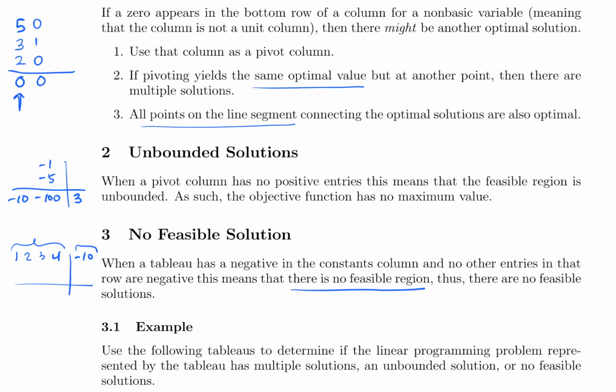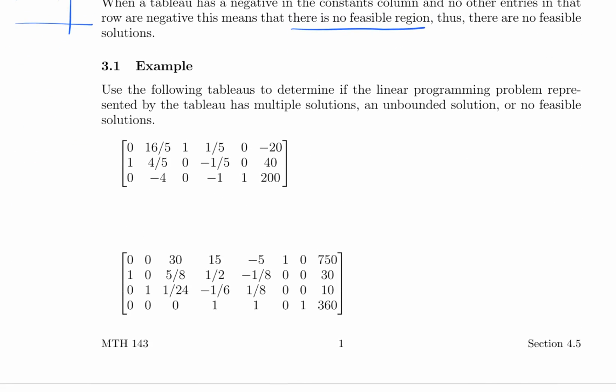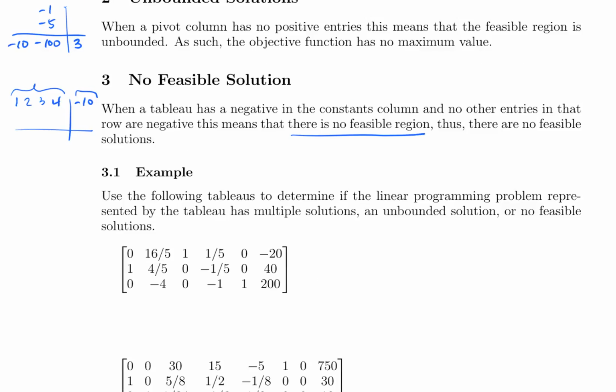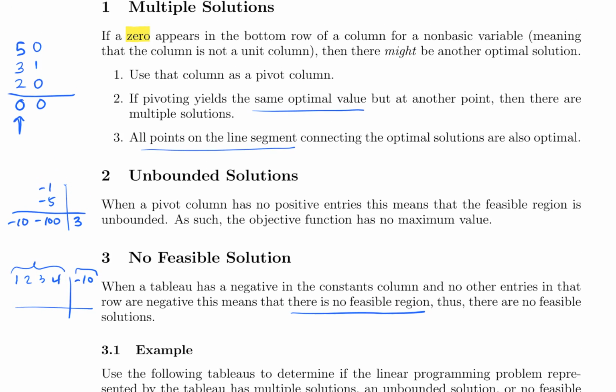Okay? So let's look at some examples here. Given a tableau, we want to determine if the linear programming problem represented by the tableau has multiple solutions, an unbounded solution, or no feasible solution. So keep in mind, we want to look for a 0 in the bottom row. That would be 1 sign, possibly.